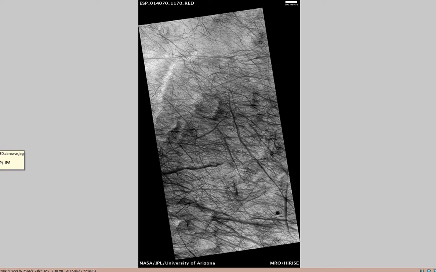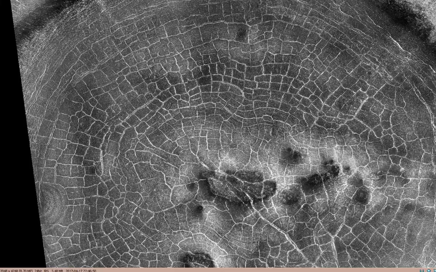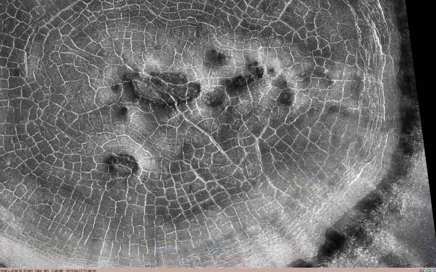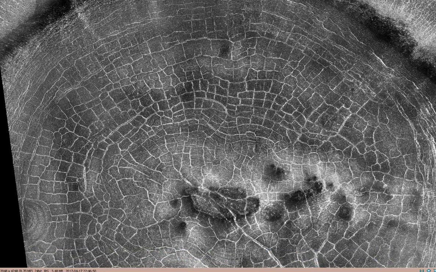There's another picture of it. More polygons, only this is a different type of polygon. Not so much the upwelling.